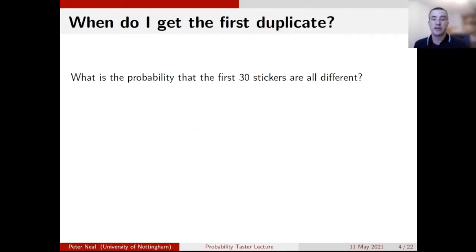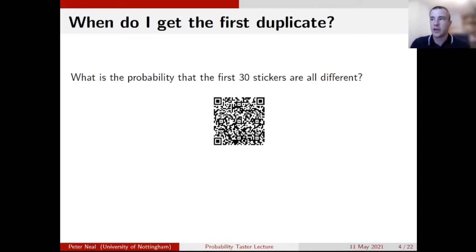When do I first get my first duplicate when I'm collecting stickers? A question for you to have a go at answering: if you've got a phone, you can read the QR reader, or in the chat a web link should appear. What is the probability that the first 30 stickers that I receive are all different?